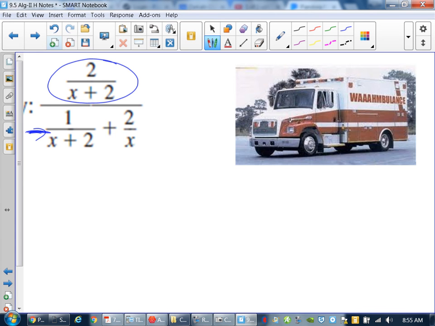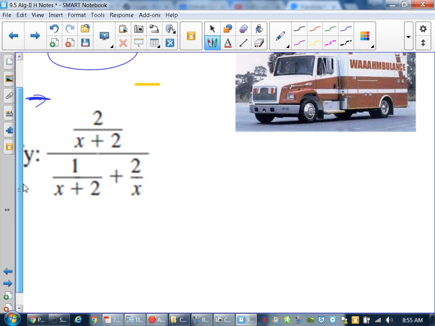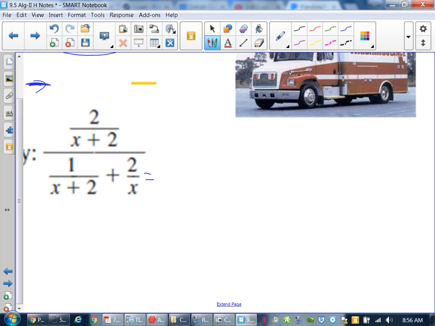So in this case, all you need to really worry about is the denominator. So I want to create the common denominator for 1 over x plus 2 plus 2 over x. It's pretty quick, because on the left, it has the x plus 2 as a term. On the right, it just has an x. So that means the common would be x and an x plus 2.